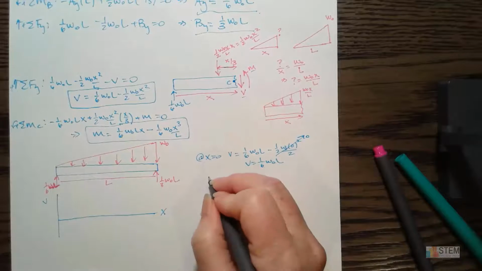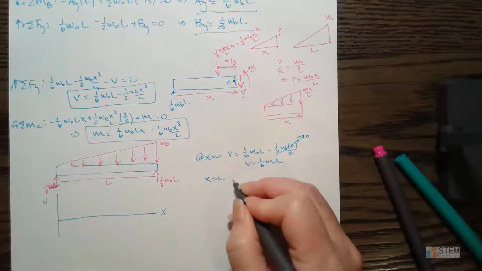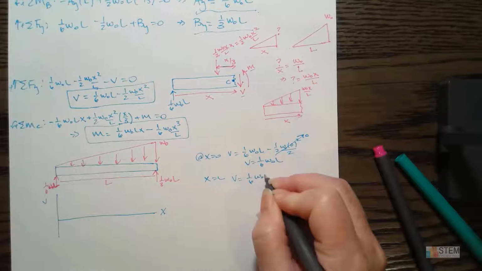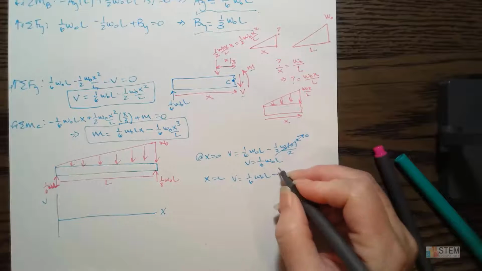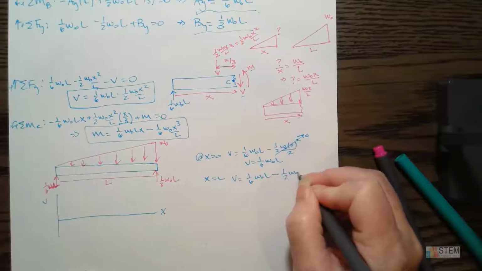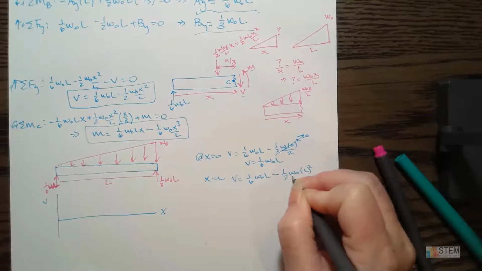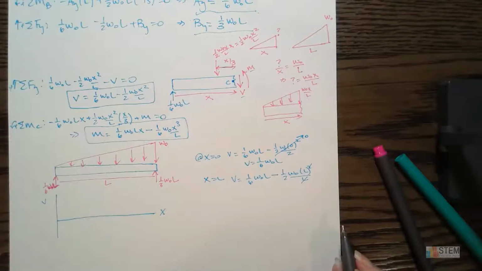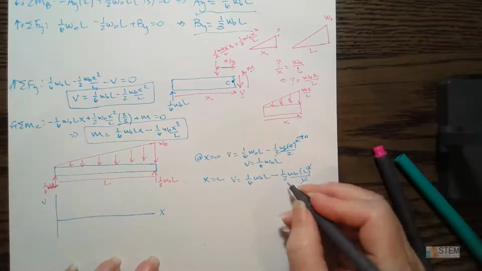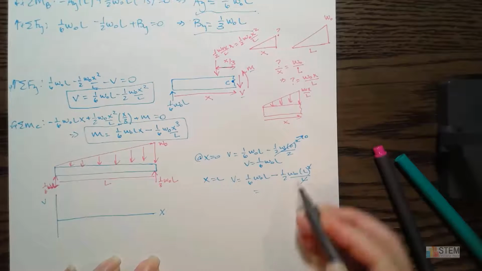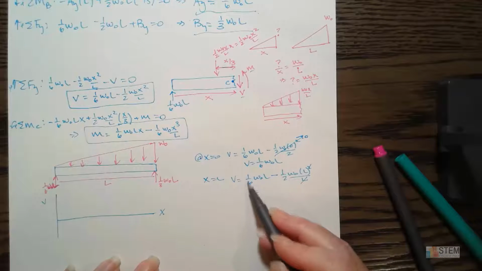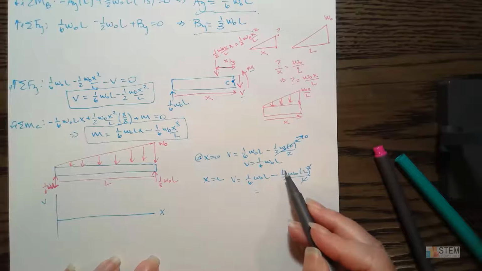Let's go ahead and find it when X is L. So when it's L, we're going to have the 1/6 W naught L minus 1/2 W naught L squared over L. Notice those cancel. So then that ends up being what? We need a common denominator, so this will be 1/6 minus 3/6.